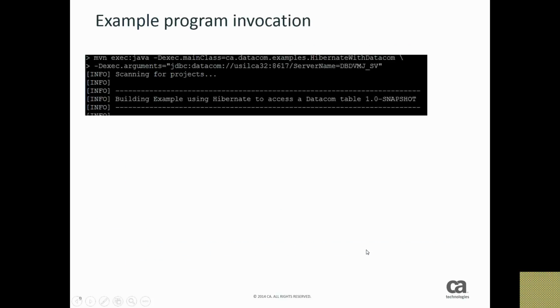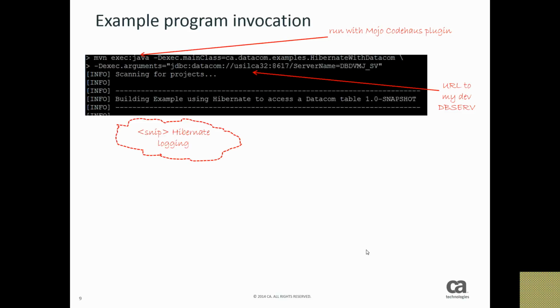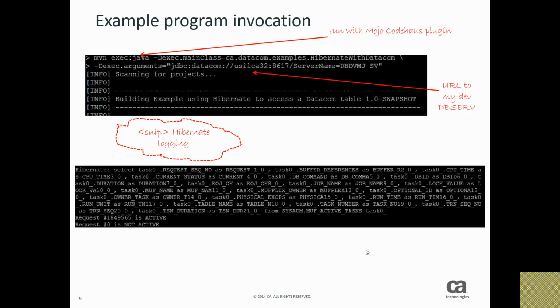But then to invoke this example, we use the Mojo Codehaus plugin to get everything on the class path, and here's the URL to my dev server. Hibernate will give us a lot of logging information about what it's doing, but ultimately it concludes that this is the SQL query it should send to the server to fulfill our request, and then you can see the output of our program here.